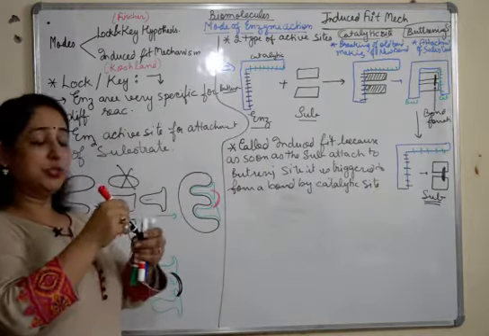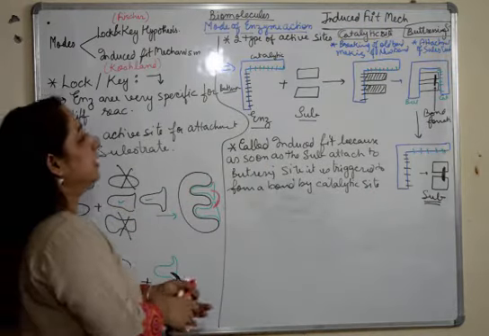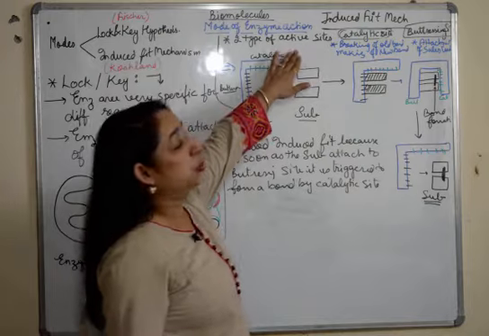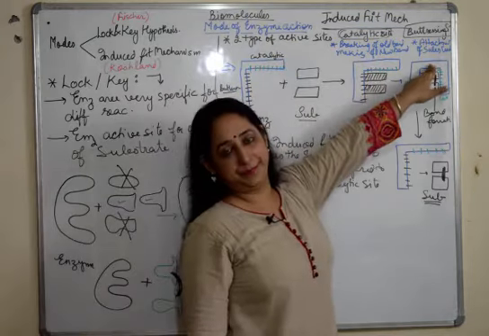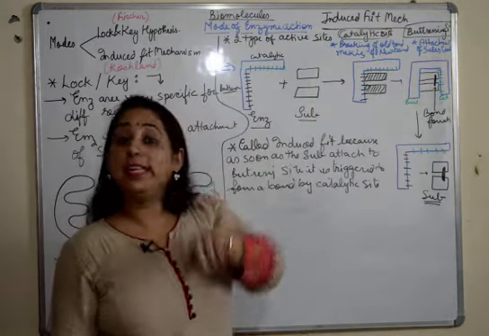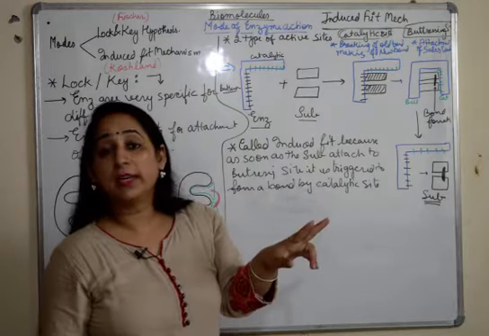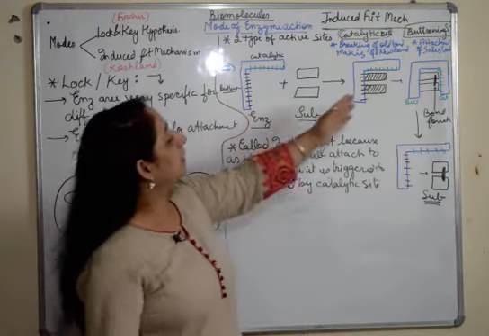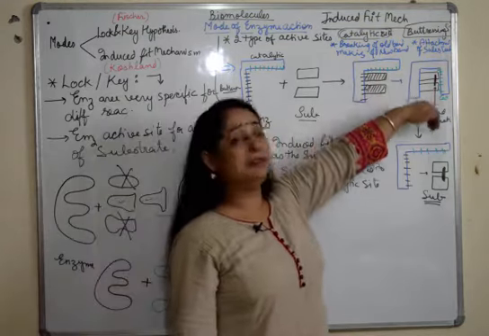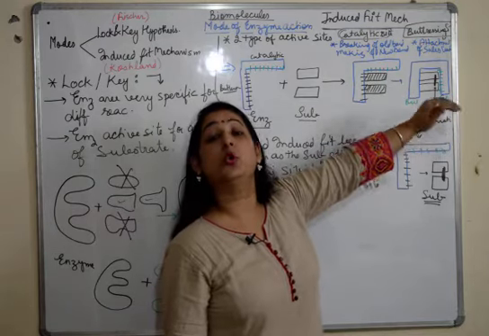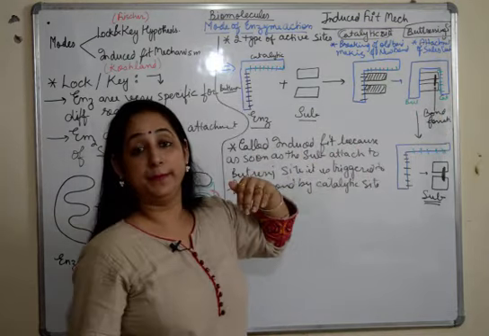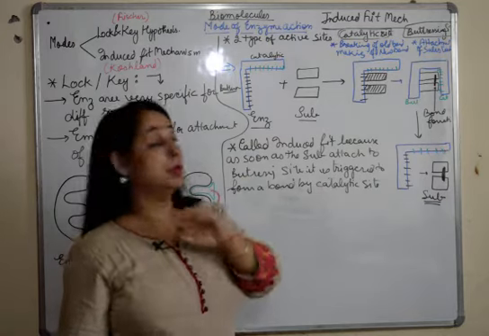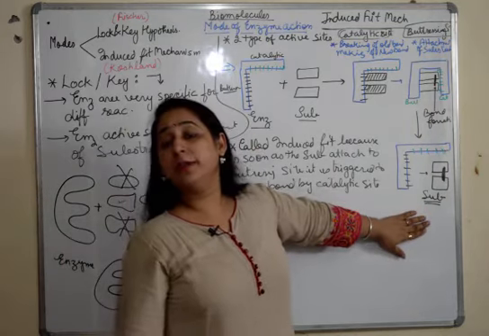So the important thing which you need to learn here is that in induced fit mechanism there are two sites, catalytic and buttressing. The substrate will only attach to buttressing site, not to the catalytic site. As soon as the substrate is attached, the catalytic site will change its shape and come close to the substrate to form a bond, so that a bond is formed between the substrates.